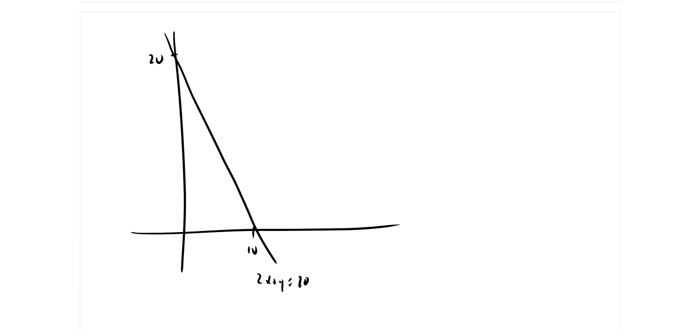And then we had 15 and 15 as the x and y-intercept of the line x plus y equals 15. And then finally we had 2 and 20 as the x and y-intercepts of the line x plus 10y equals 20.